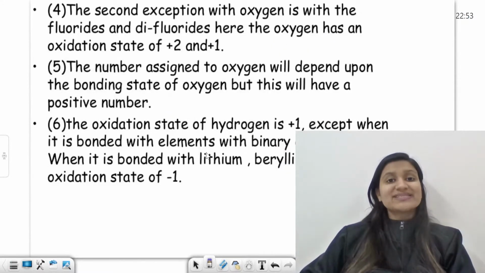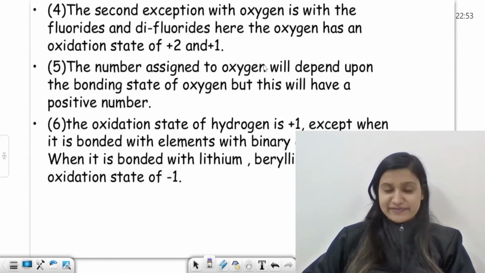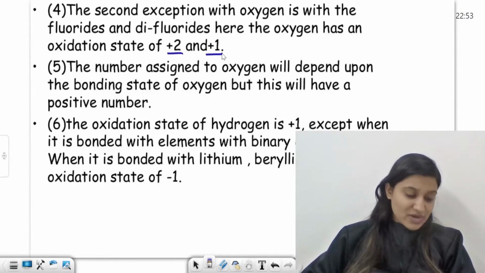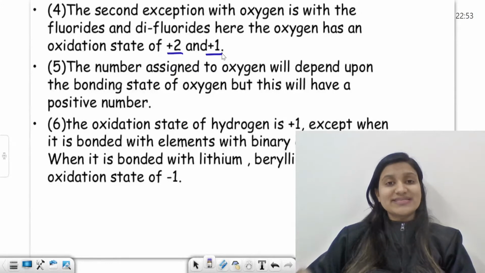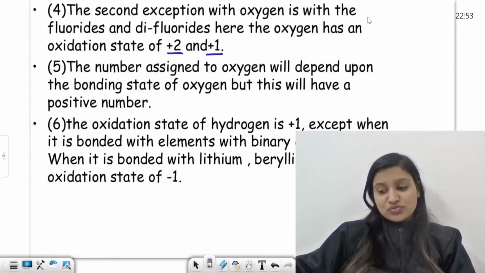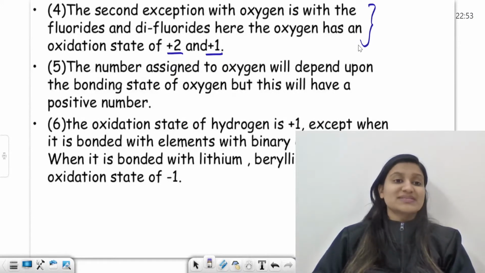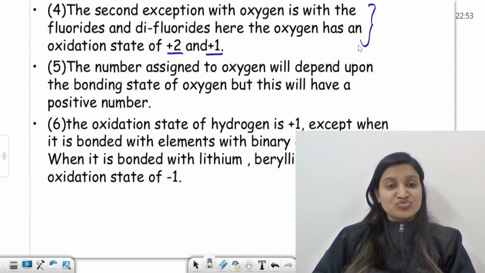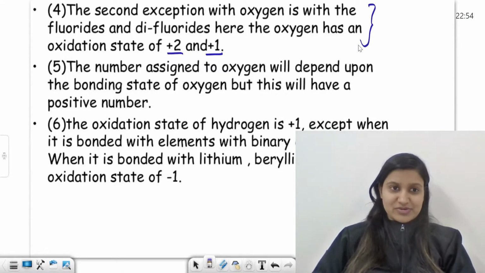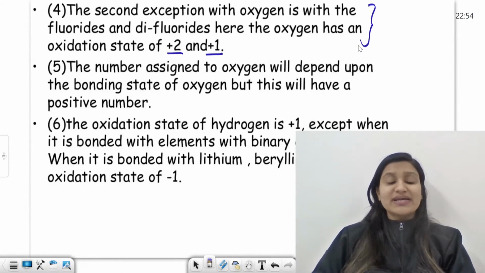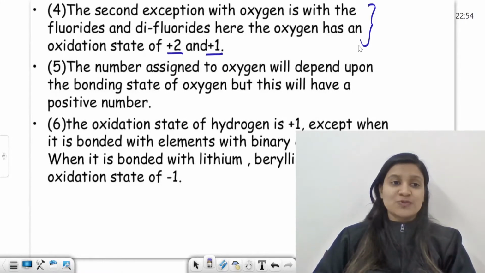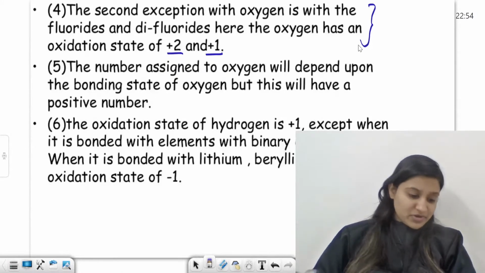The second exception with oxygen is with fluorides and difluorides. Here the oxygen has an oxidation state of either +2 or +1. This is something which you need to remember. The number assigned to oxygen will depend upon the bonding state of oxygen, but this will be a positive number.